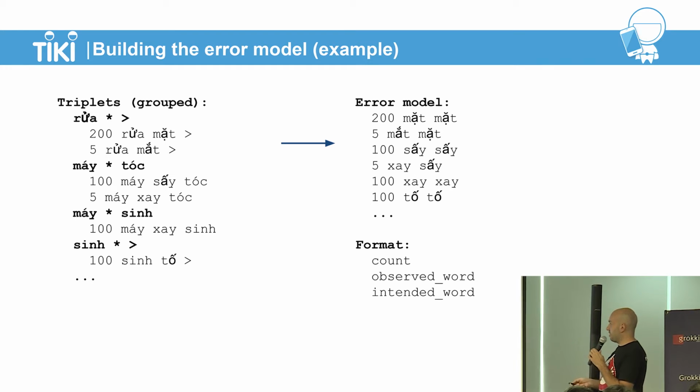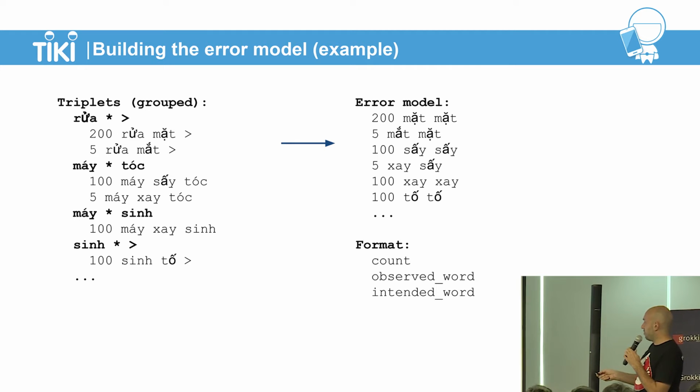From this grouping, we can extract that 100 times somebody written say, and they actually meant to say, but also 5 times somebody written say, but they actually meant to write say. And from these simpler groupings, we can just extract 100 times somebody written say, and they actually meant say, to, and etc.